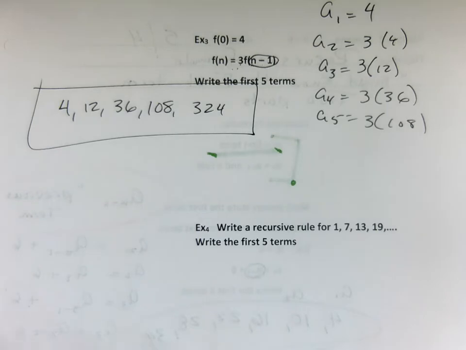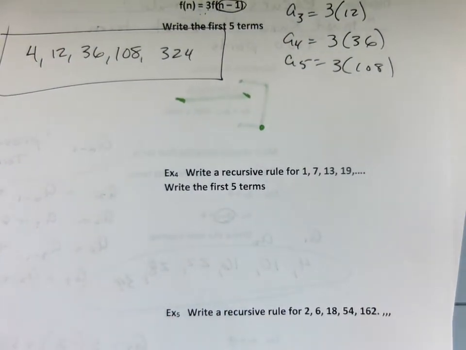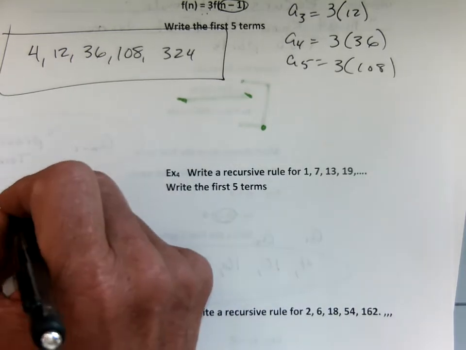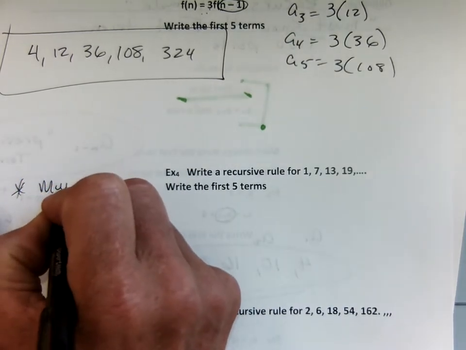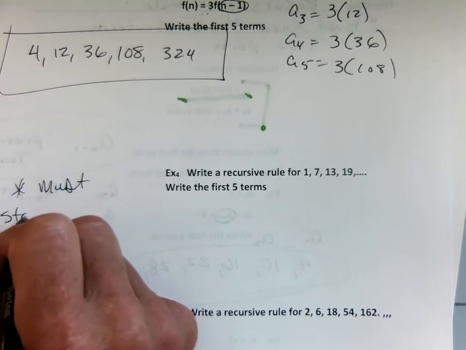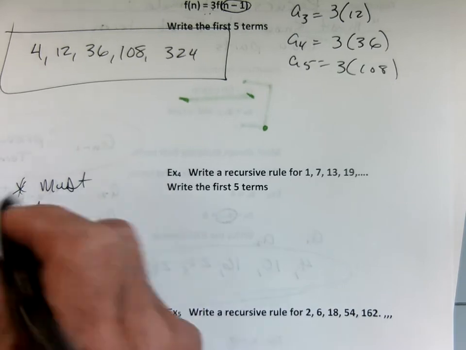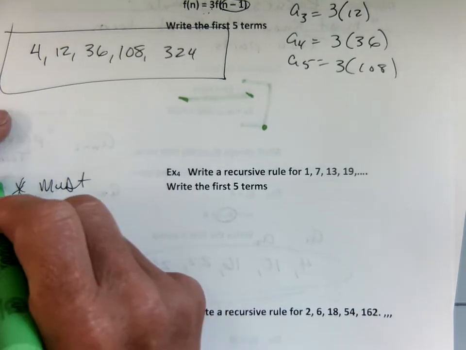Okay, now, example 4. If we're going to write a formula, then you always must, write this down, you must state A1, whatever it is. You have to know where to start, okay?